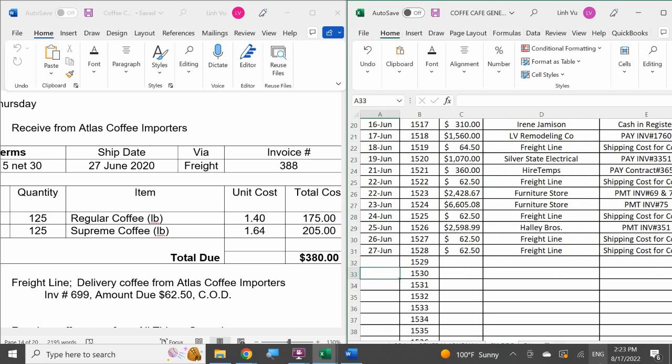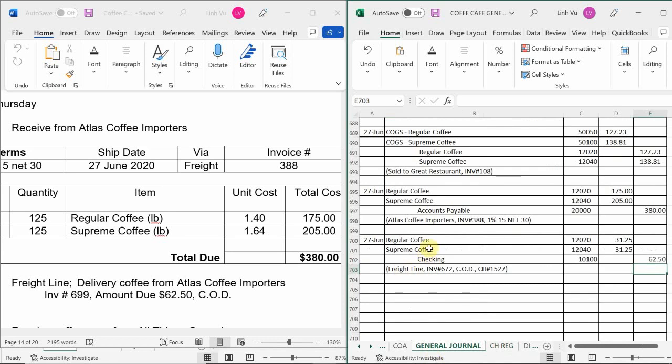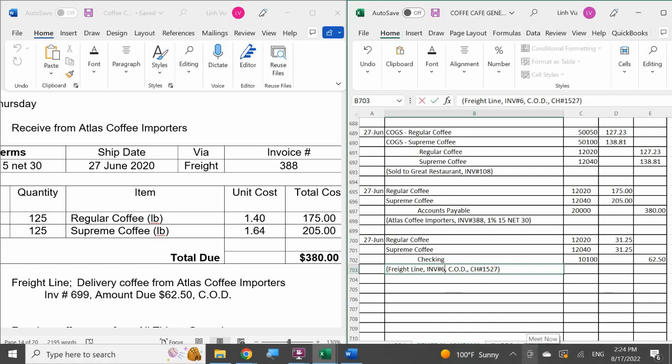Okay, so there you go. Check number 1528 is the number that we need to use. We're going to make some adjustments here because the invoice is now invoice number 699 and check number 1528.